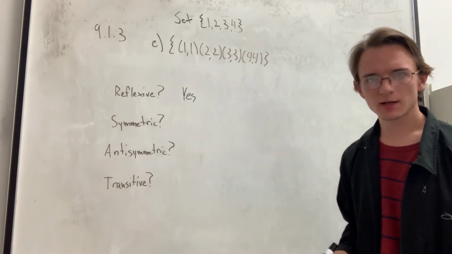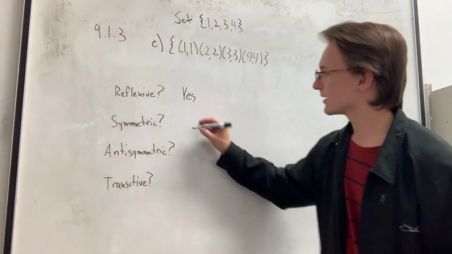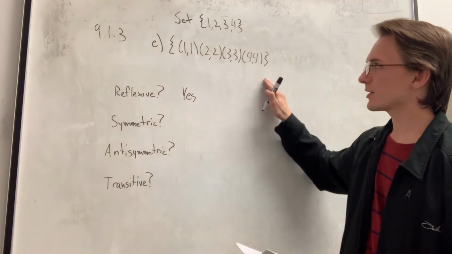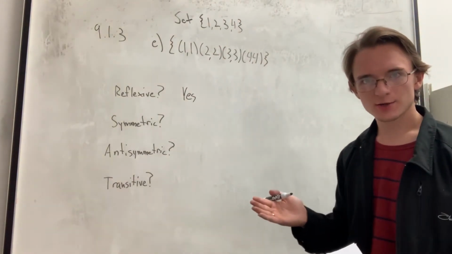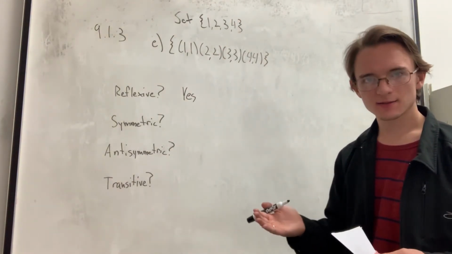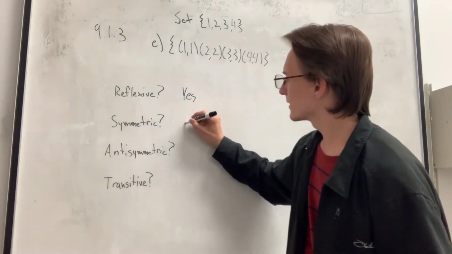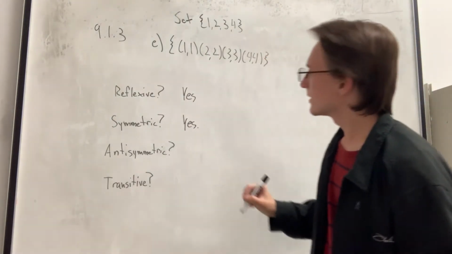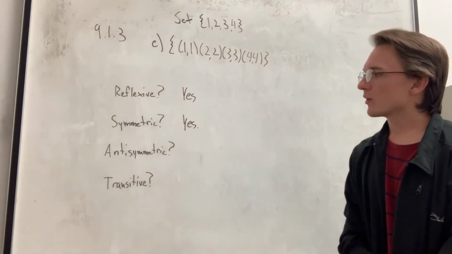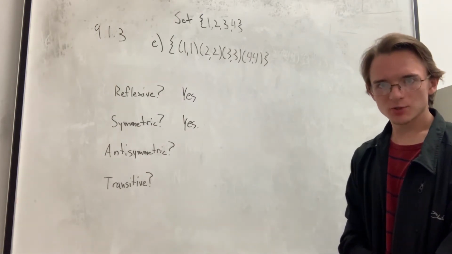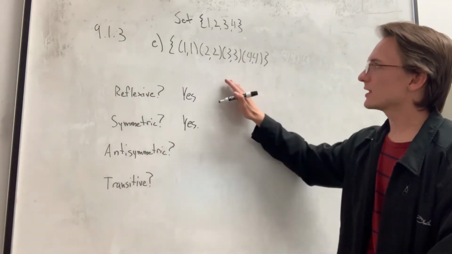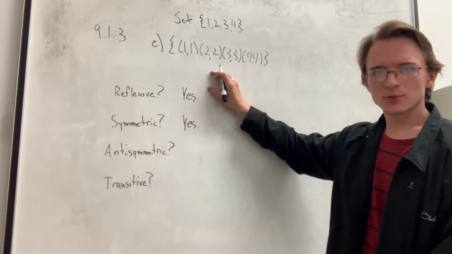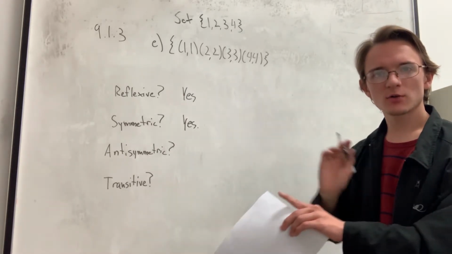Is it symmetric? Yes. We don't really have any pairs where the two sides differ, so there's nothing to check against, if that makes any sense. It is symmetric. We only have to check for symmetry when there is at least one pair where the two sides don't match.